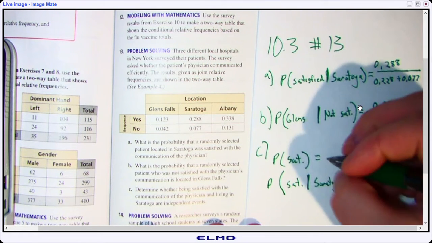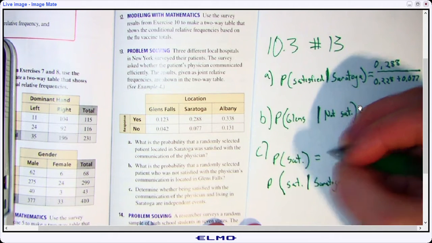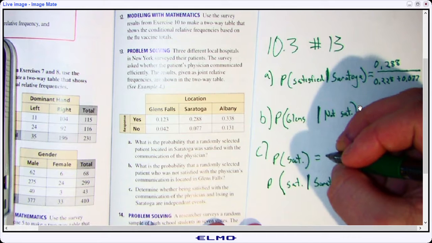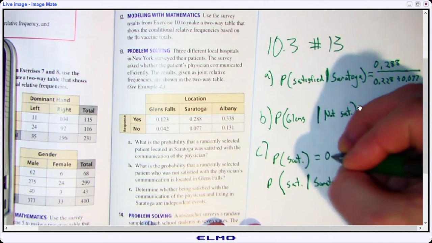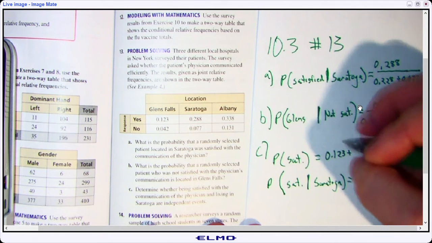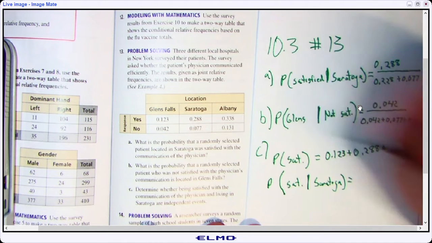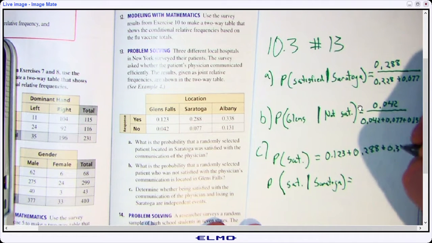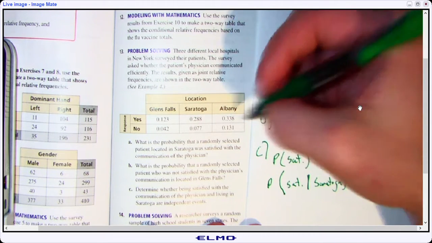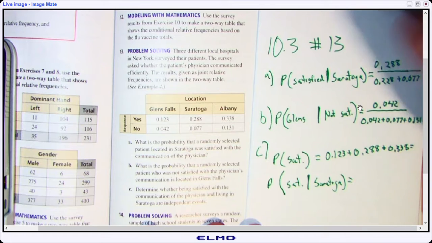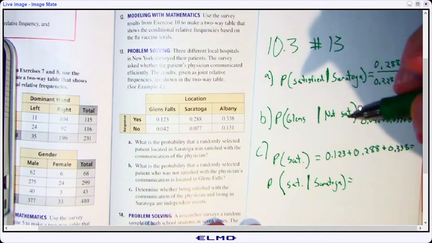So everyone who was satisfied was 0.123 plus 0.288 plus 0.338. I just added all these numbers up, right? That's where that came from. We add those up, and that gives us the total probability that we were satisfied. I'll let you do that.